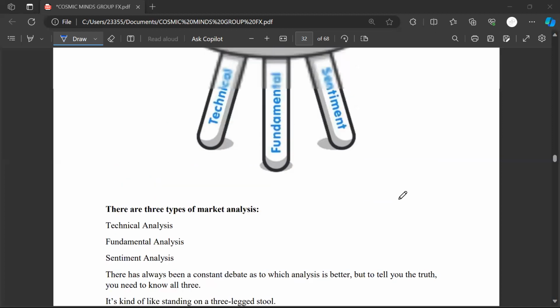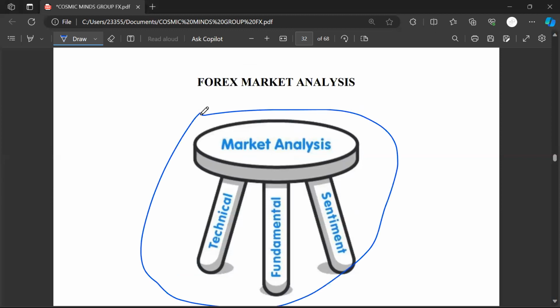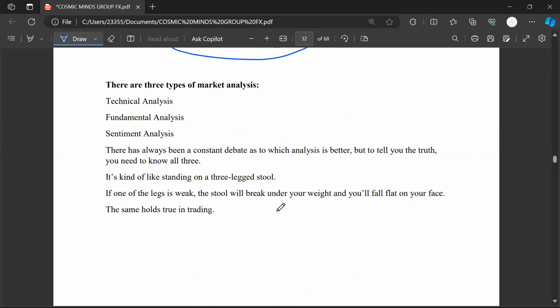So if you know one and you are lacking in the other, it may consequently affect you. But our more focus is on technical analysis. Don't get it twisted.